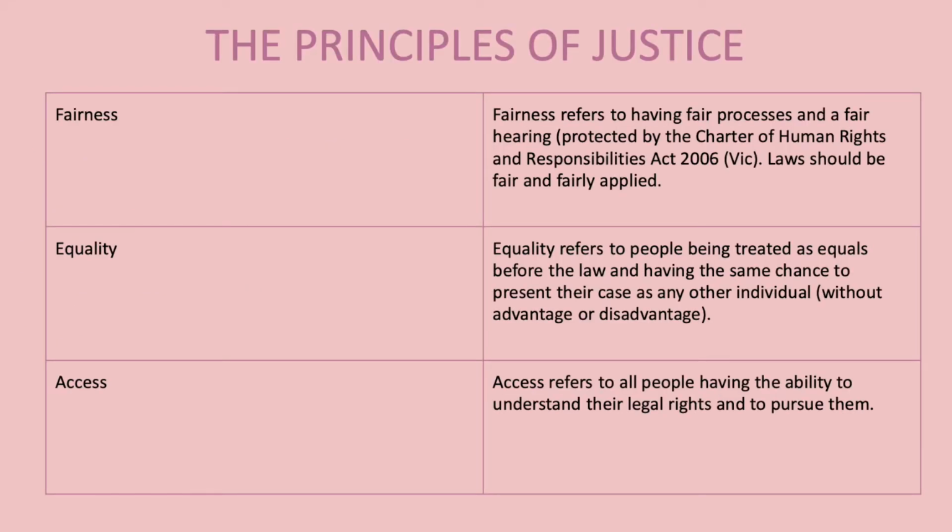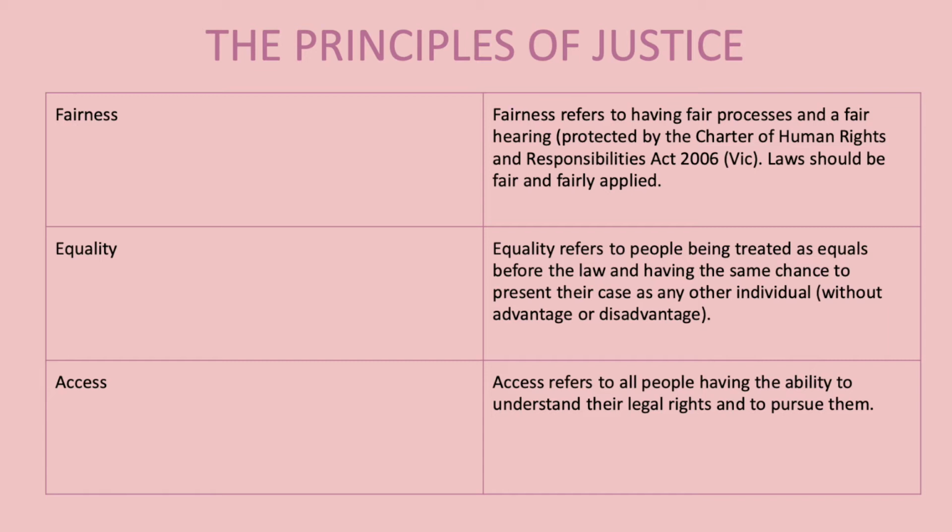The principles of justice. Throughout the course of Unit 3, you will be required to relate certain concepts back to the principles of justice. So this table briefly defines them. There are other definitions as well, however this will ensure that you know what each principle means in a nutshell. So for fairness, fairness refers to having fair processes and a fair hearing.